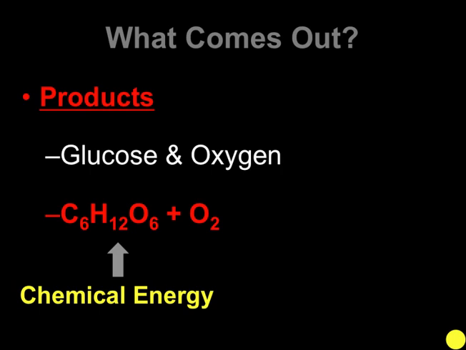So all those bonds between the carbons, the hydrogens, the oxygens, those are all storing that energy from the sun. The oxygen is a waste product. The plant gets rid of it. So the plant has taken in carbon dioxide and has released oxygen back out into the atmosphere.